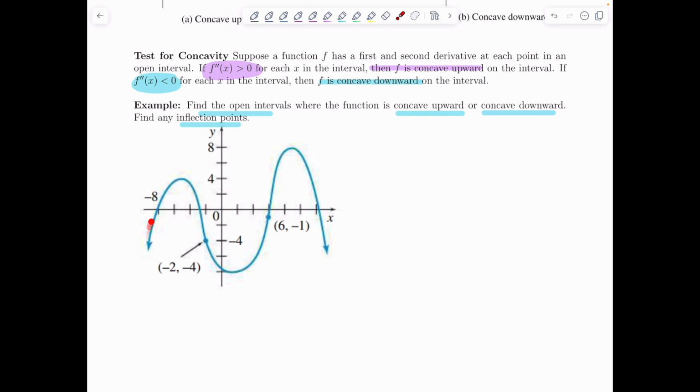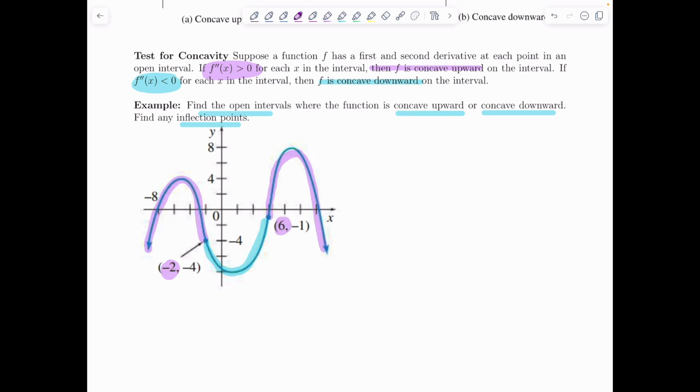So the graph is concave down from negative infinity up until here, where x is -2. Then it switches. This is concave up, like a cup. See how it could hold a nice glass of water for you? And then it switches again, concave down like a frown at 6.